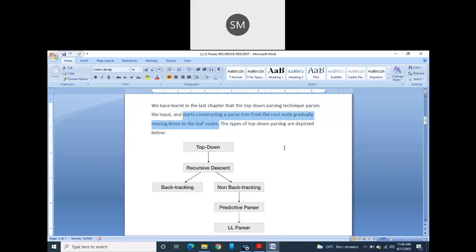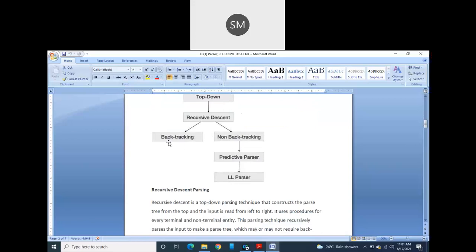The type of top down parsing is recursive descent, and this recursive descent is again categorized into backtracking and non-backtracking.